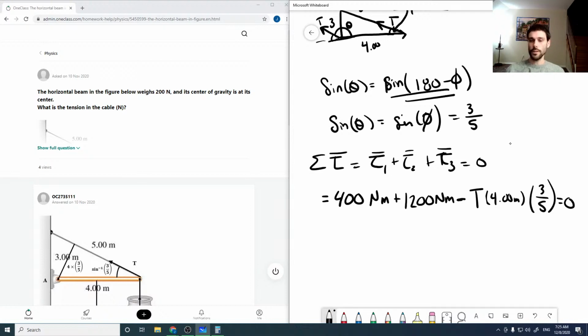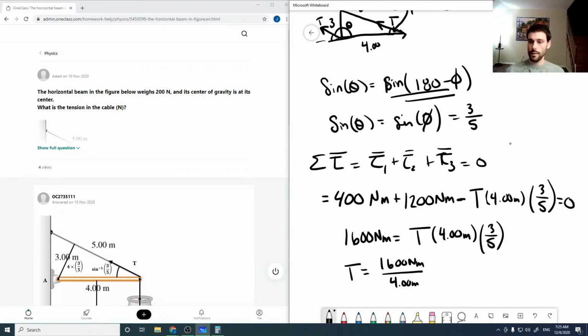Now we can solve for our tension by summing this up and rearranging. So we have 1600 Newton meters is equal to the tension times 4 meters times 3/5. So our tension is 1600 Newton meters over 4 meters times 5/3, which just equals 666.67 newtons.